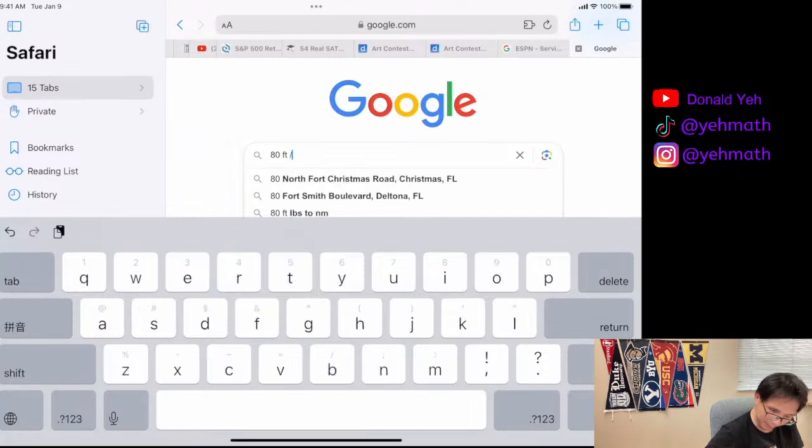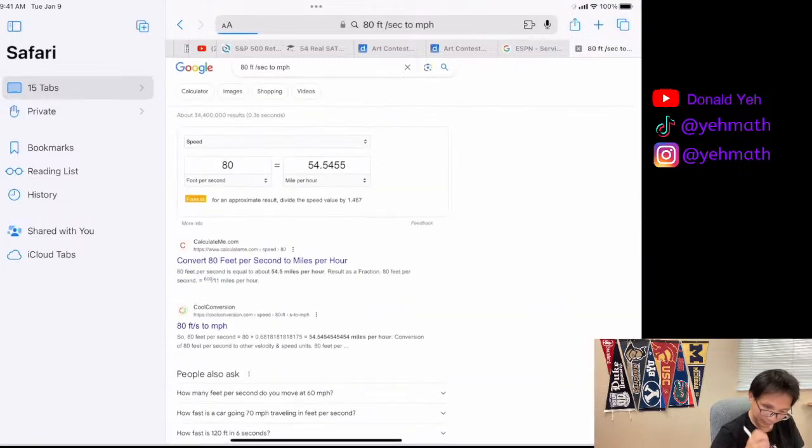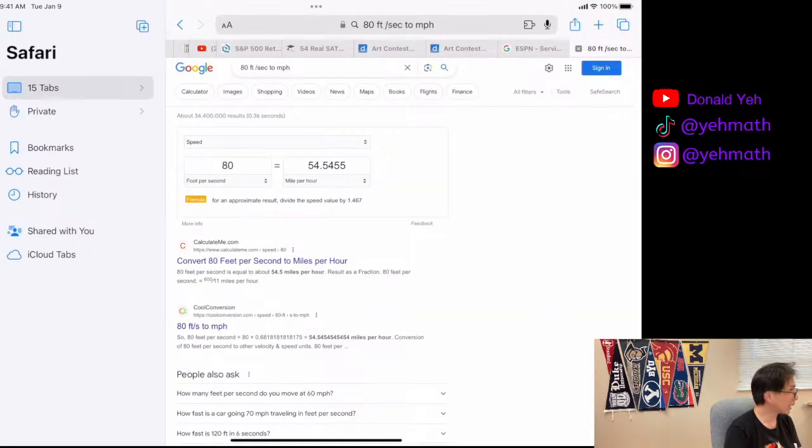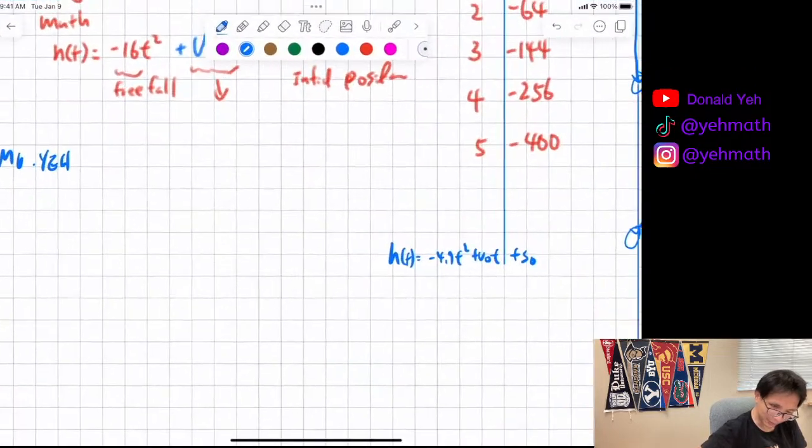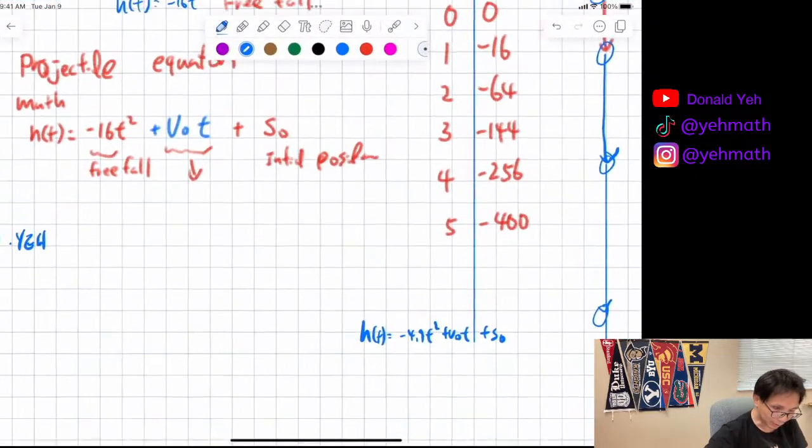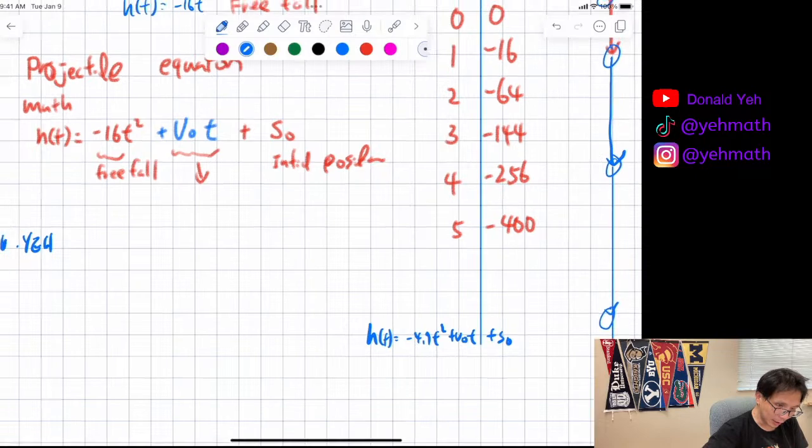Miles per hour. Probably lower than that. 54. I can definitely do 54, right? Okay. 54 miles per hour.